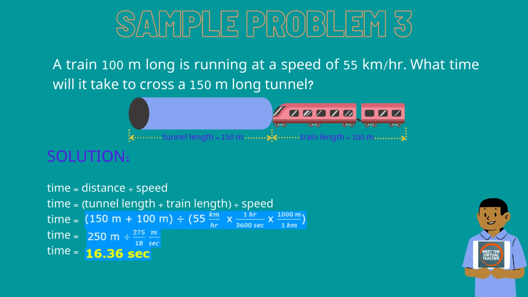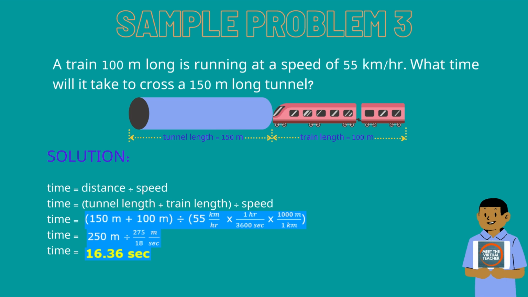So 150 meters plus 100 meters divided by 55 kilometers per hour, which is the speed of the train. So we will convert it to meters per second. That's why we multiply it with 1 hour over 3,600 seconds times 1,000 meters over 1 kilometer.